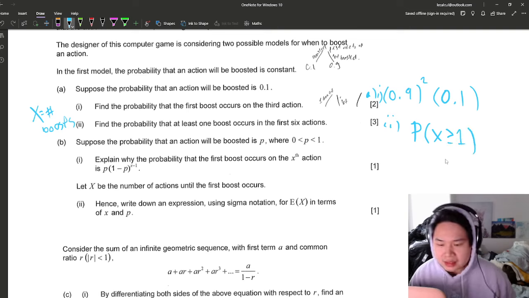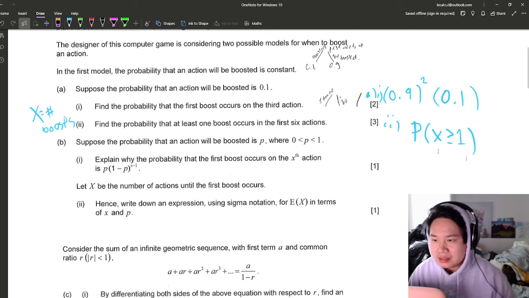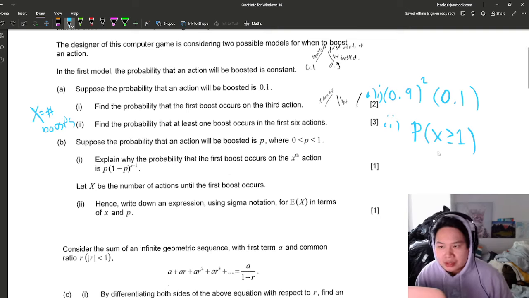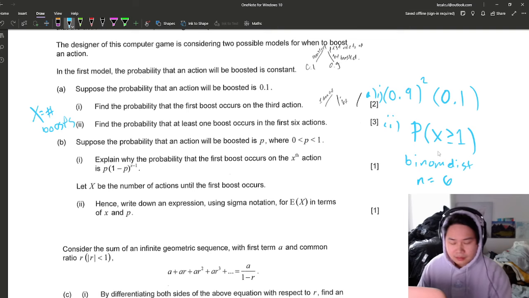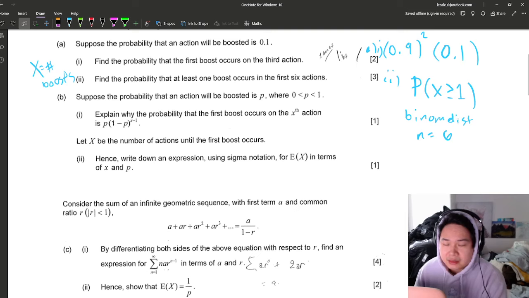And because these are repeated events that are independent and it's the same event, this is a binomial distribution, where n is 6. And, well, cumulative too, because we are looking for at least 1, right?